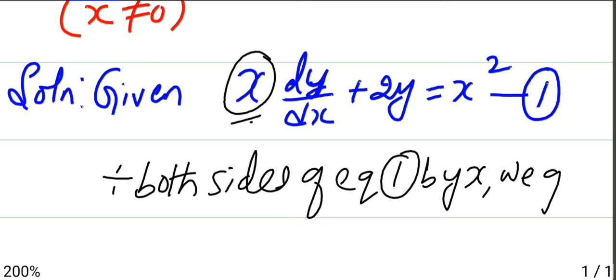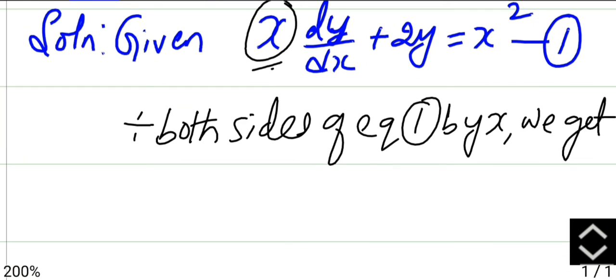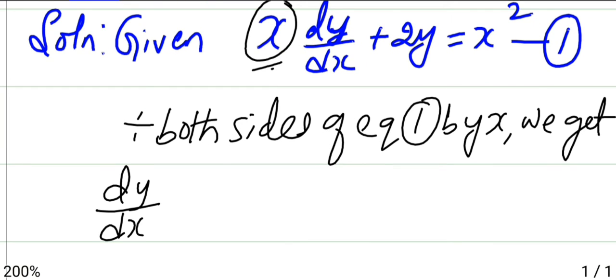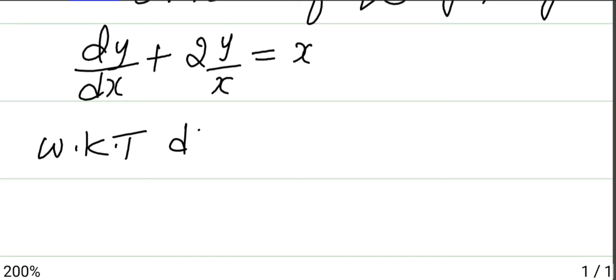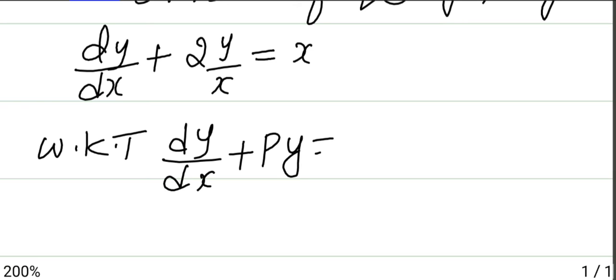We get dy by dx plus 2y by x equals x square by x, which is x. So we get this. Then the general form of the solution, we know that dy by dx plus py equals q.